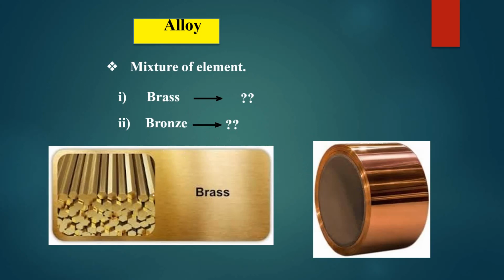It looks like gold, right? That is copper plus zinc put together. That is called brass, right? And bronze means copper and tin mixed together. That is called bronze. This is copper, this is brass, and this is bronze, right?